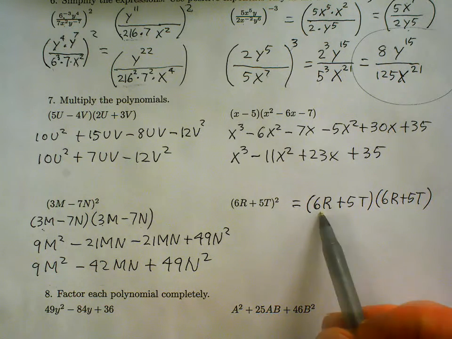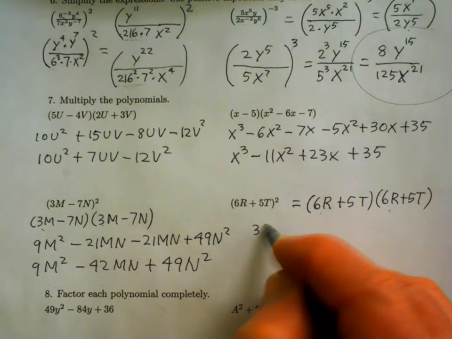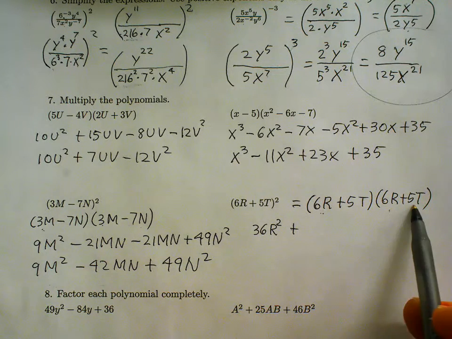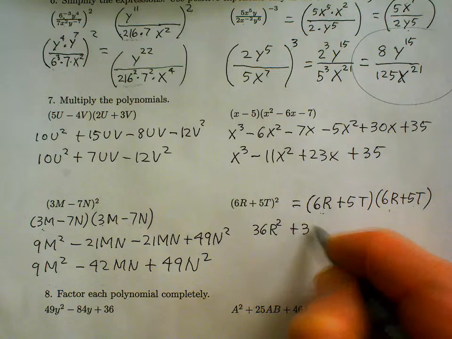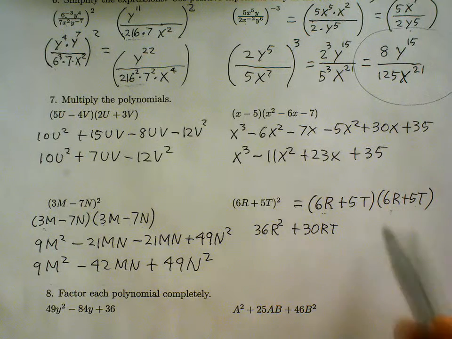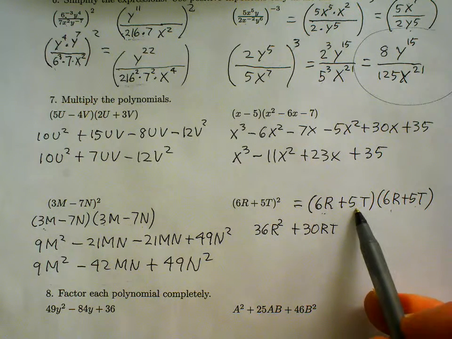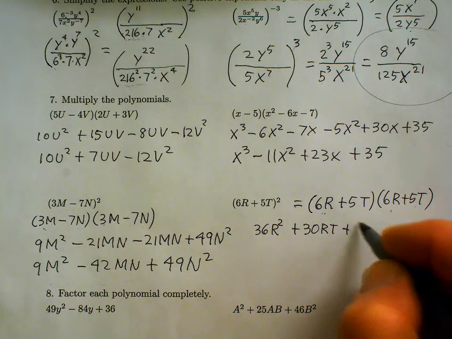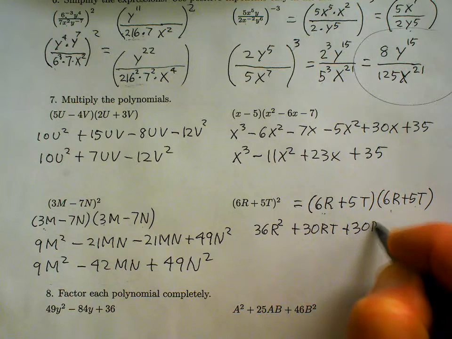Okay, 6r times 6r is 36r to the second. And then plus 6r times 5t is plus 30rt. And then plus 5t times 6r is plus 30rt.